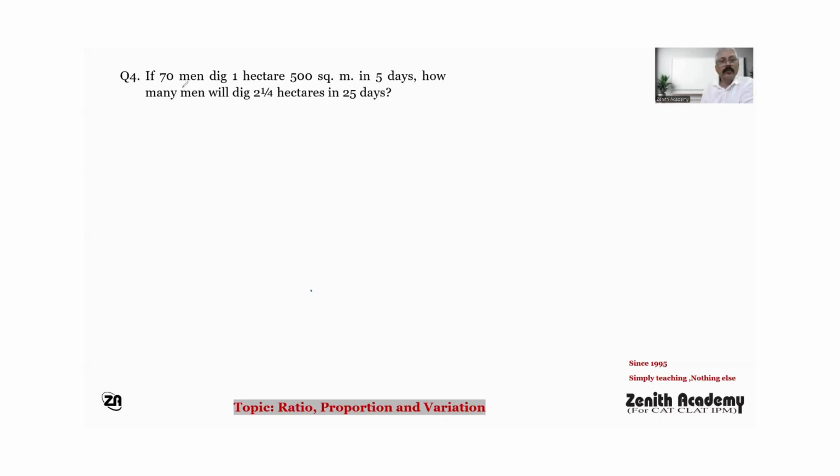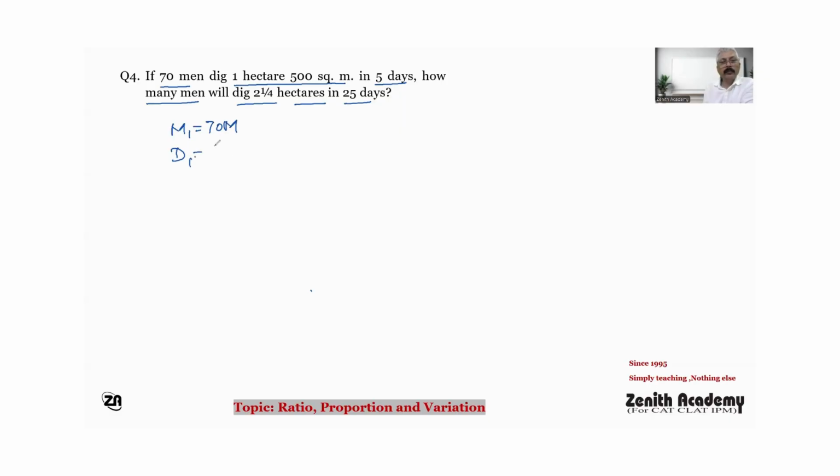Now see this question. If 70 men dig 1 hectare, 500 square meter, so the work is 1 hectare, 500 square meter, in 5 days, how many men will dig 2 and 1 by 4 hectares in 25 days? So M1 is 70 men.